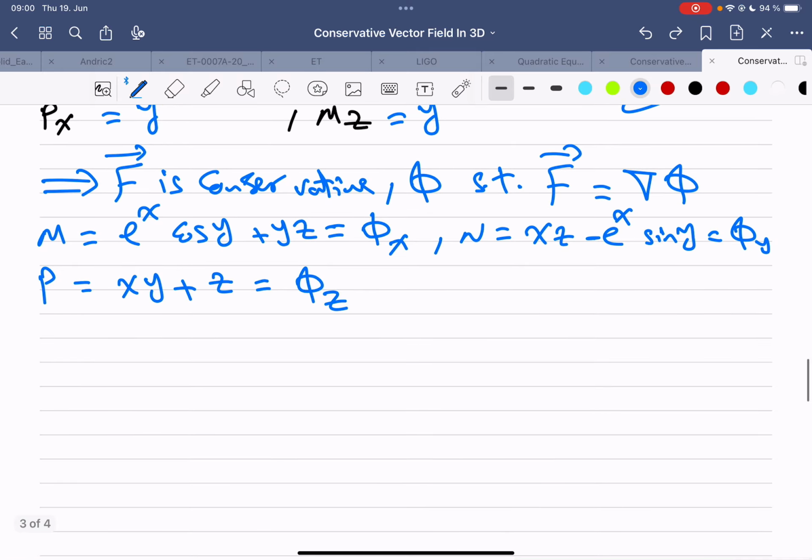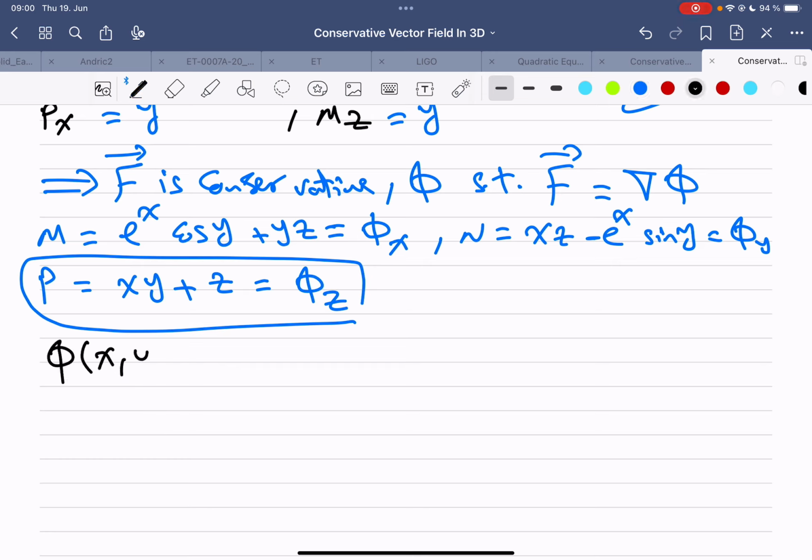If we start from phi z and integrate this term with respect to z, phi(x, y, z) will give you x y z plus half z squared plus a function of x and y.